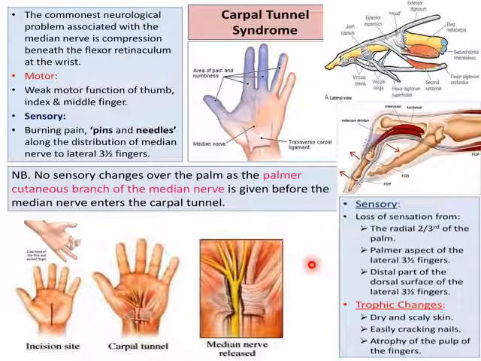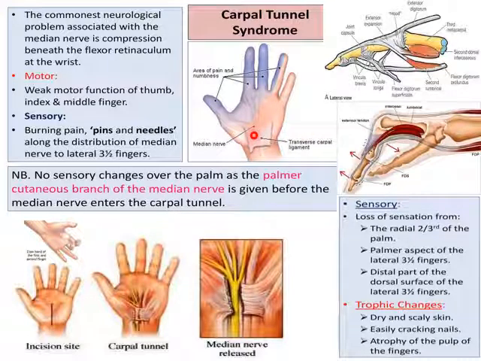So what is carpal tunnel syndrome? This is a common neurological problem associated with median nerve compression within the carpal tunnel, beneath the flexor retinaculum at the wrist.